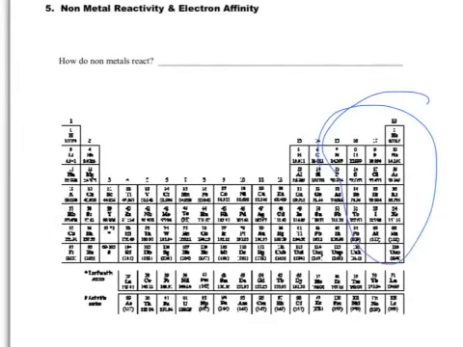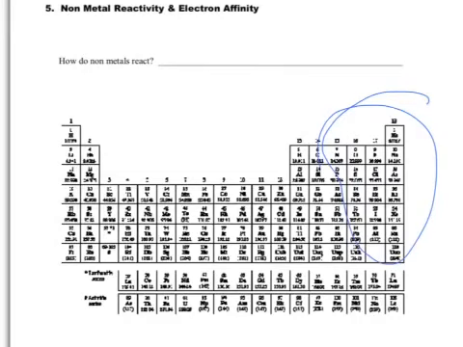Typically when you give a nonmetal atom a charge, that charge is negative, which means that nonmetals gain electrons when they become charged or when they bond. So nonmetals typically gain electrons, which is the opposite of metals losing electrons.